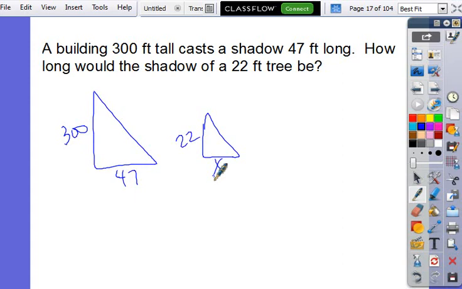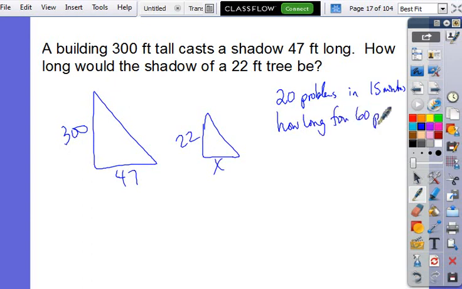If I had that, a person can do 20 problems, let's say in 15 minutes. How long would it take for 60 problems? How would I set that up? 20 problems. Make a fraction. 20 problems takes 15 minutes.